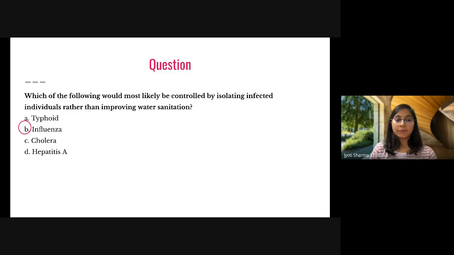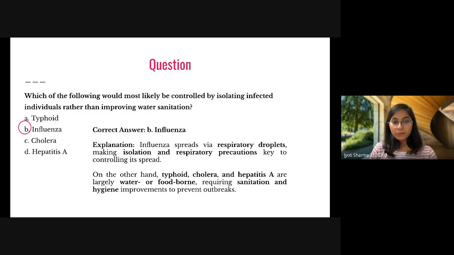So that's why influenza is the right answer. Influenza spreads by respiratory droplets, making isolation and respiratory precautions key to controlling its spread. On the other hand, typhoid, cholera, and hepatitis A are largely water or food-borne, and that requires sanitation and hygiene improvement to prevent outbreaks. So that's why B is the right answer, but not A, C, and D.